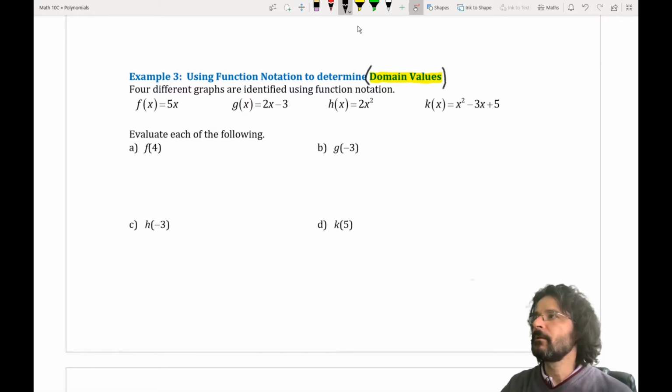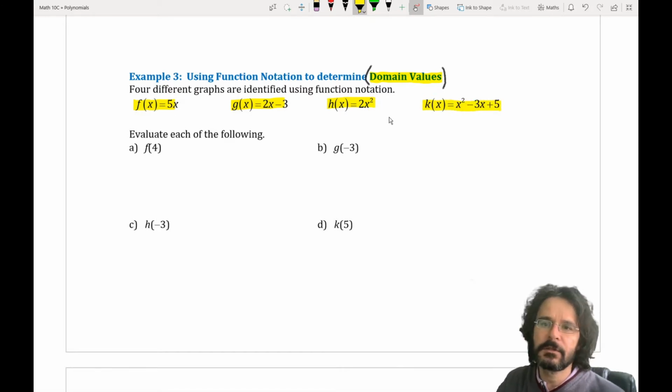Okay, so what we have for the independent variable. What we have here are 4 functions that are given to us. And what function notation allows us to do is name our function.